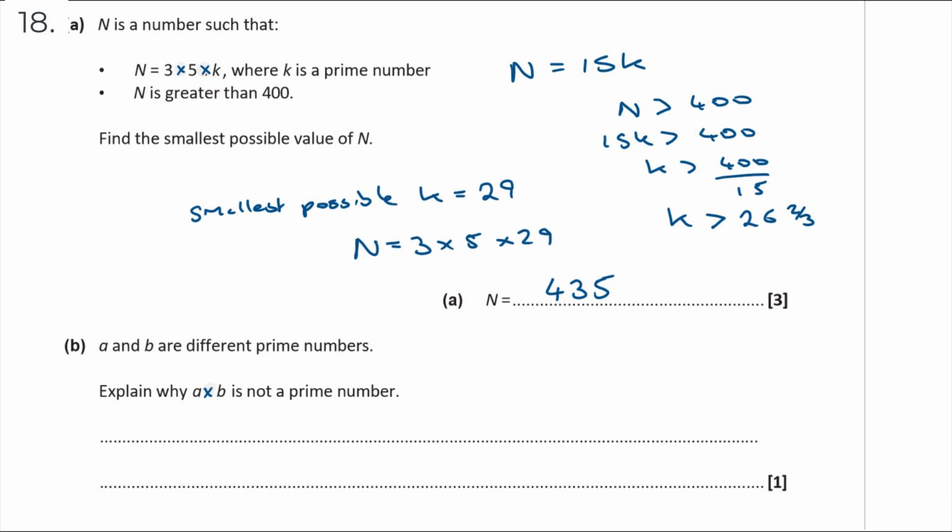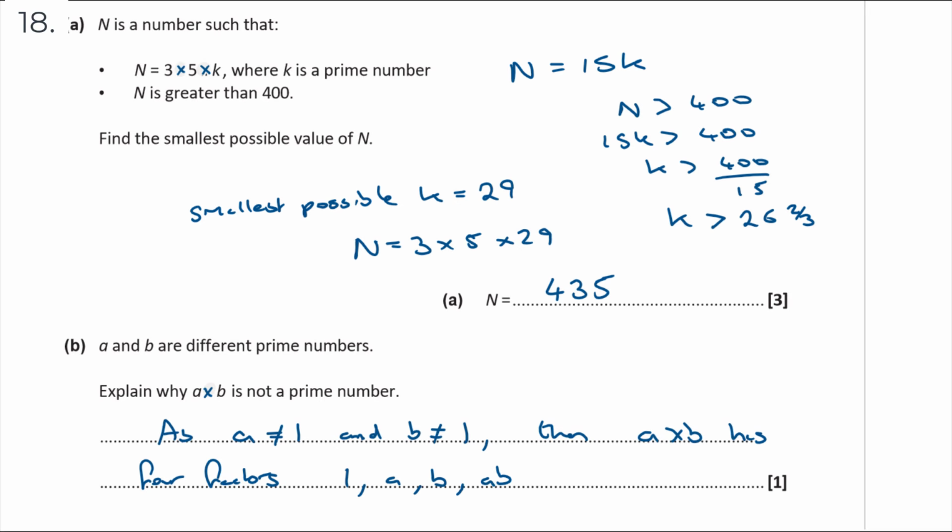So we can say that as a is not equal to 1 and b is not equal to 1, then a times b has 4 factors. It's going to have factors 1, a, b, and ab. So not prime, because primes have 2 factors only, and this one has got 4 factors.